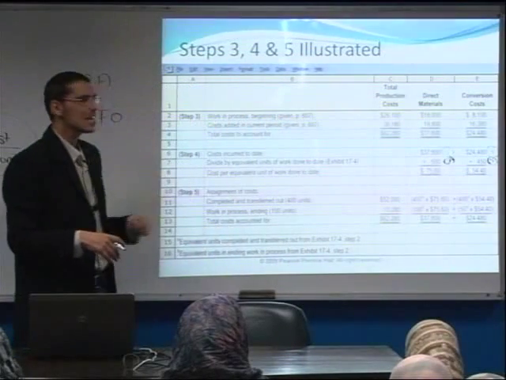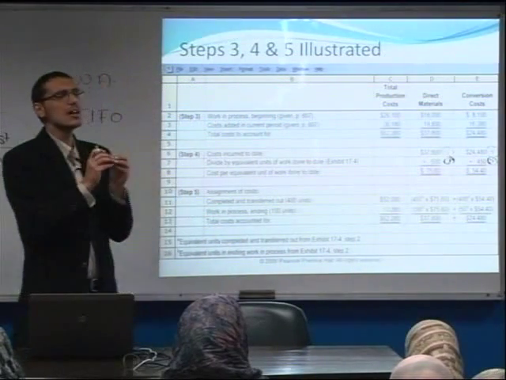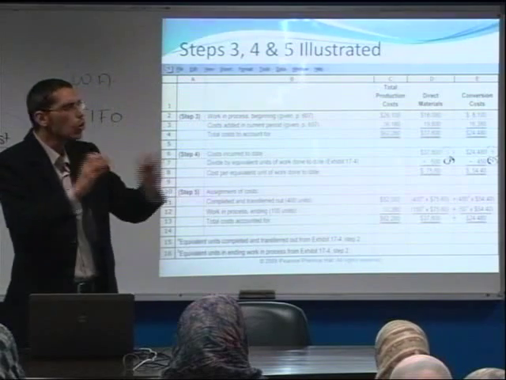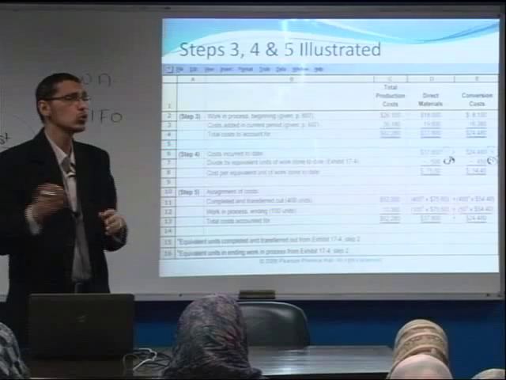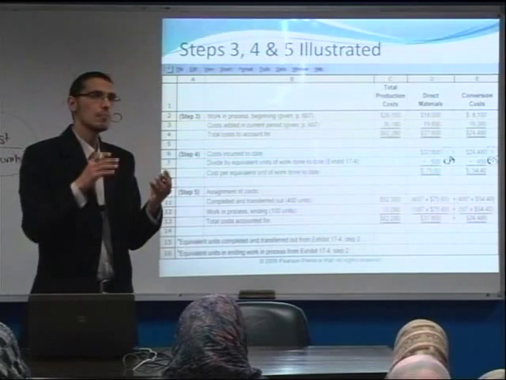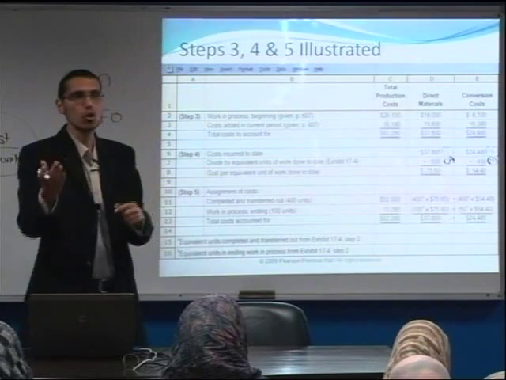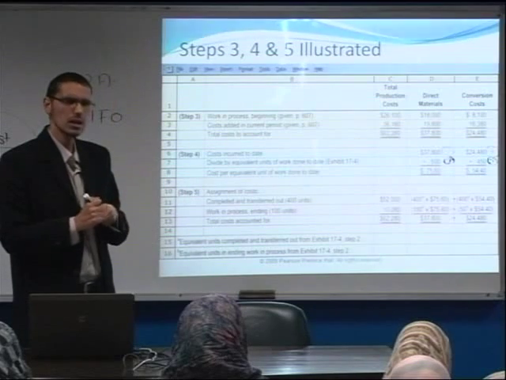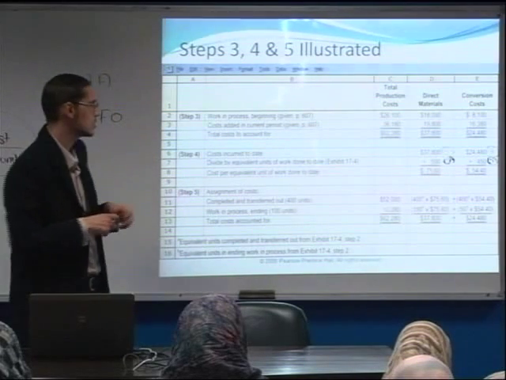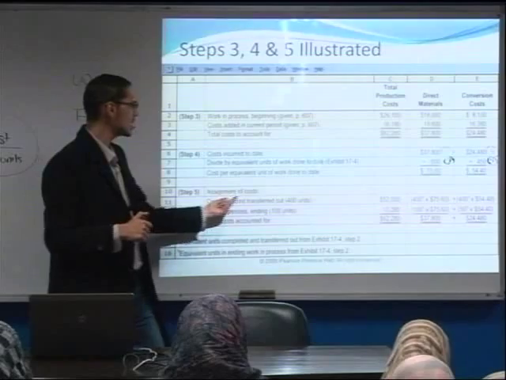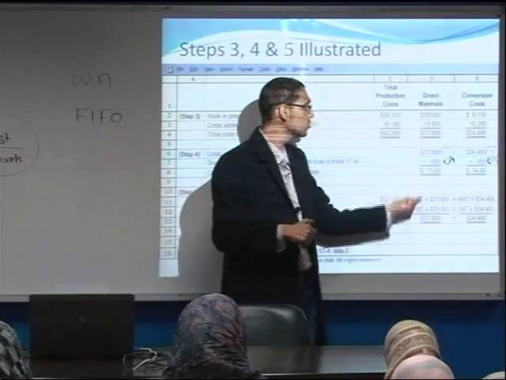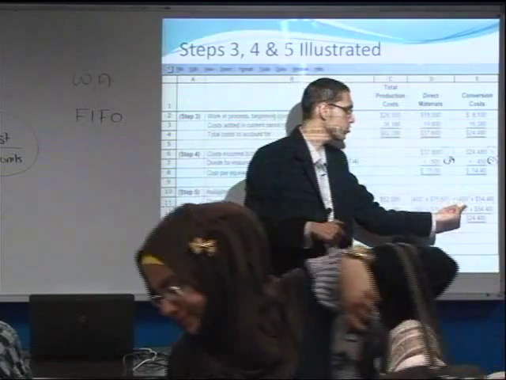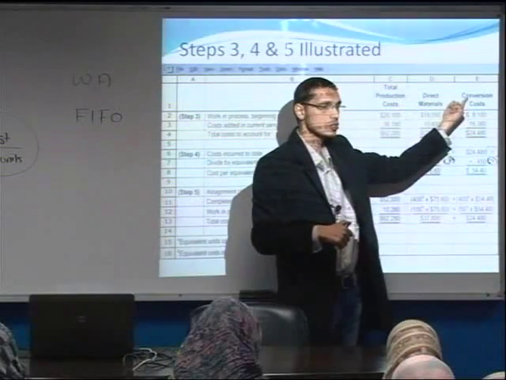The last step, step number 5, which is the main goal of any process costing system, is to assign the costs to the ending work in process and to the completed and transferred out units. The completed and transferred out units are 400 units: 400 equivalent units for the direct materials and 400 equivalent units for the conversion costs.